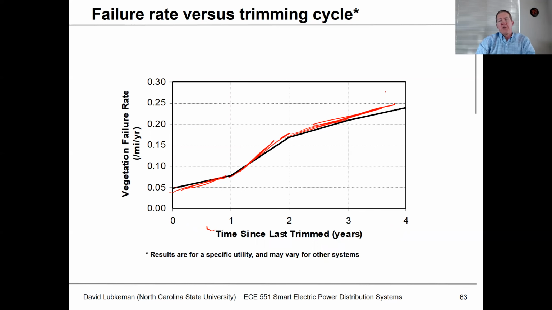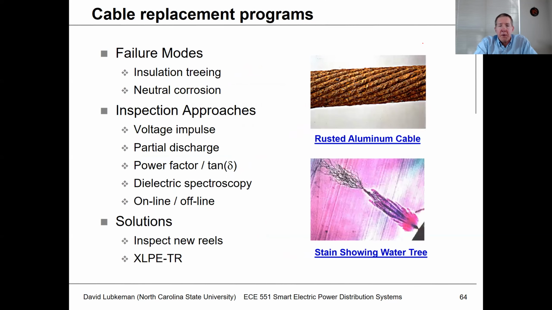And so if you were to do tree trimming, then what you would expect is the failure rate starts to get bad, you trim the trees, it goes back down. Trees go back into the wires, you do trimming again, it goes back down. You kind of see this sawtooth effect as far as how the failure rate changes on sections of circuit that are trimmed. But this obviously costs a lot of money, and if you can figure out a way of optimizing your trim cycles, you could save your company a lot of money.